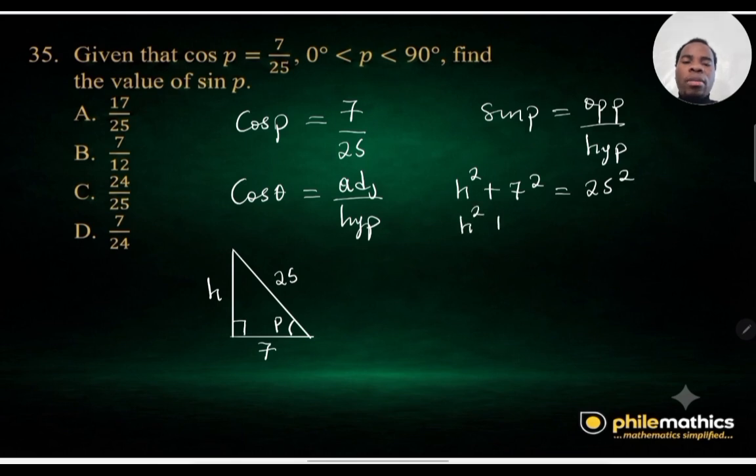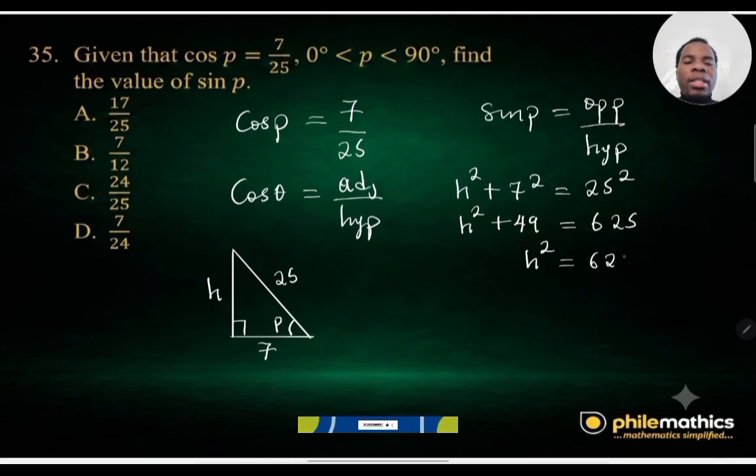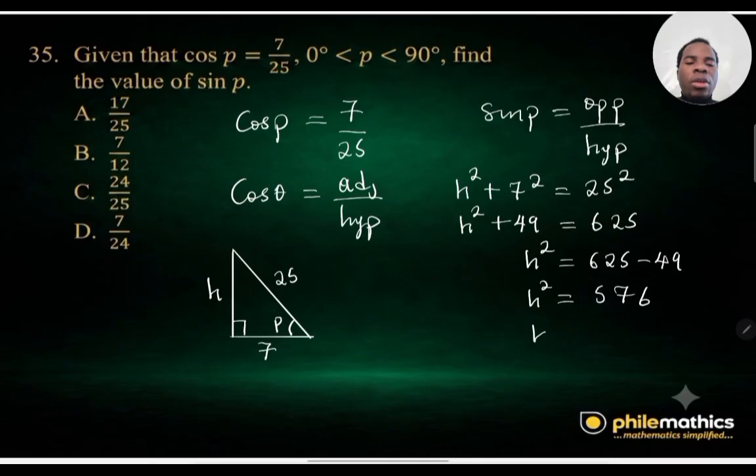H square plus 49, 25 square is 625. H square, subtract 49 from both sides, 625 minus 49, H square will be 576. Because H is a positive number, take the square root of 576, we should have the positive 24.